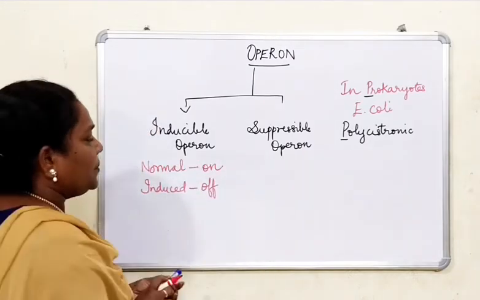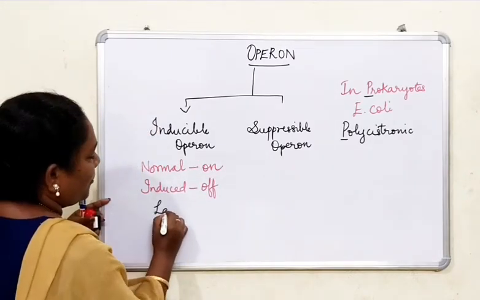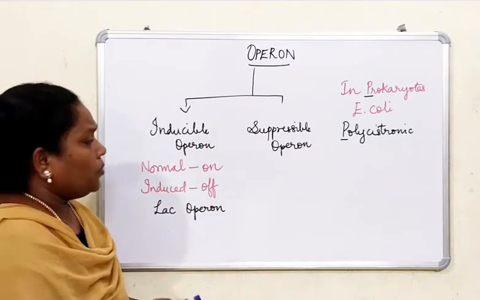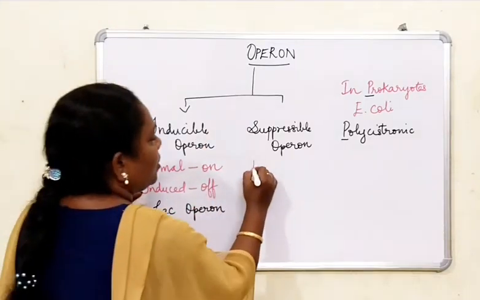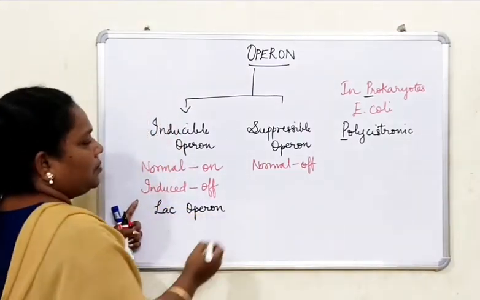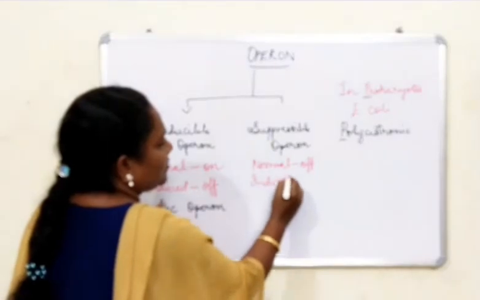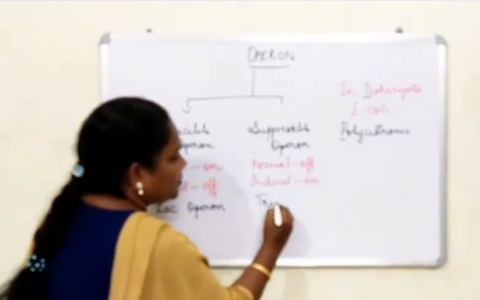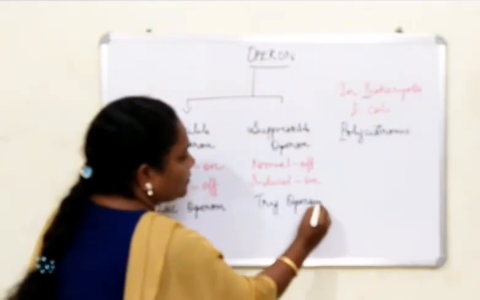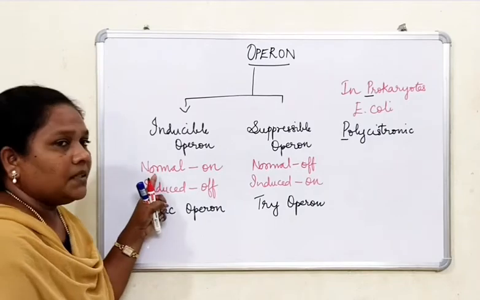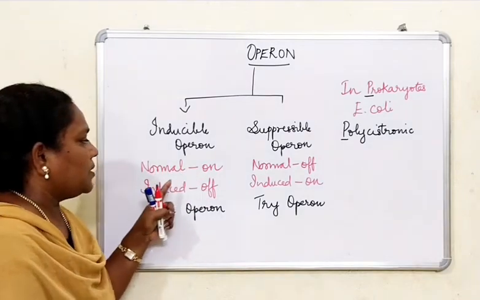So what is the example? Here, Lac Operon, it comes under inducible operon. Then what happens here? Under normal condition, it will be on, but when it is induced, it will be off. So again, what is the example here? Tryptophan operon. Understood? So here, we have learned that under normal condition is on and induced condition it is kept off.